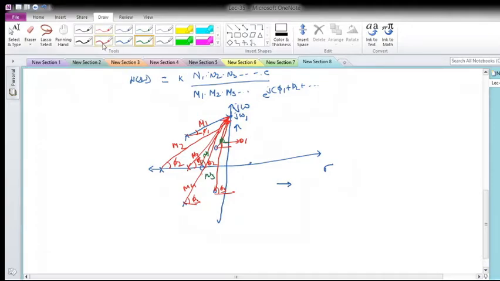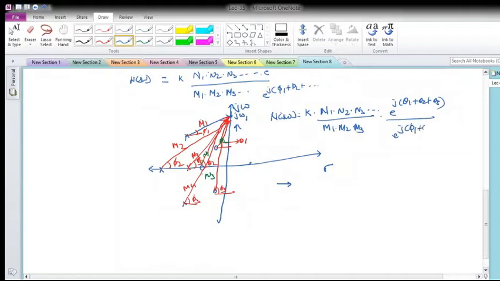Okay, so with this I can measure graphically the magnitudes and angles, and I can write N of j omega equal to K times the magnitudes from the zeros, n1, n2, n3, etc., which we have calculated from this, divided by m1, m2, m3, etc., into e raised to the angles made by these. So e raised to j (theta 1 plus theta 2 plus theta 3) over e raised to j (phi 1 plus phi 2), etc.